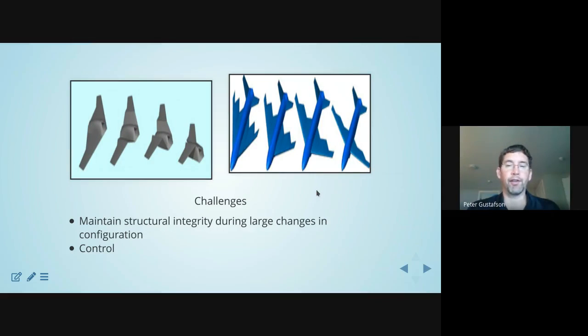Another challenge that is an extension of that idea of wing warping is making very large structural configuration changes of the aircraft. This would instead be called morphing. So it's a morphing aircraft rather than a warping aircraft.